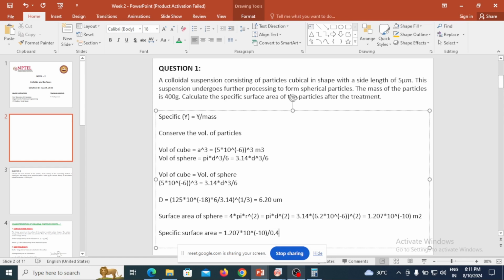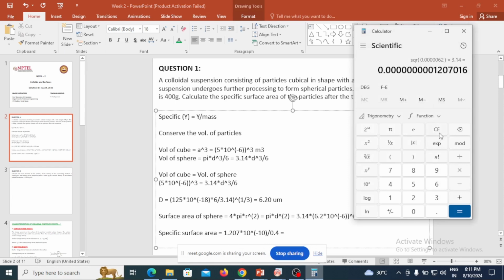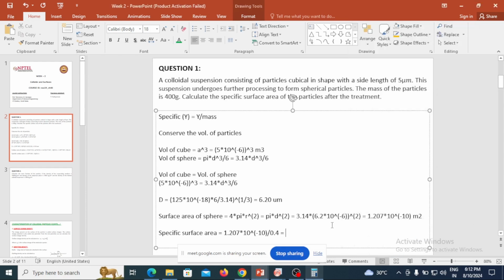So 400 grams, that is 0.4, so it will be 3.01754 times 10 to the power minus 10 meters square per kg. So this is the specific surface area of the particle after the treatment.